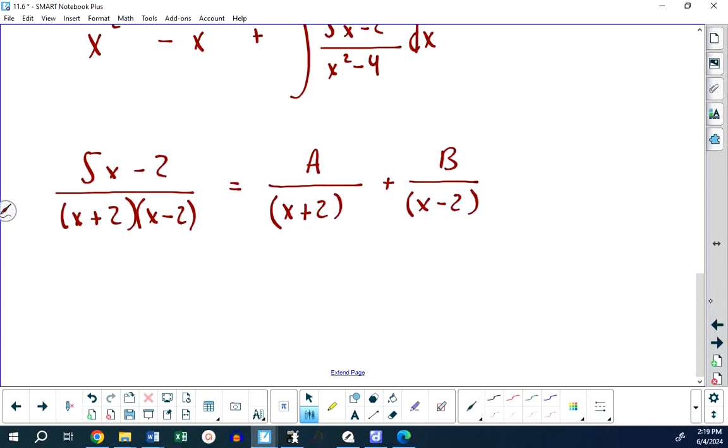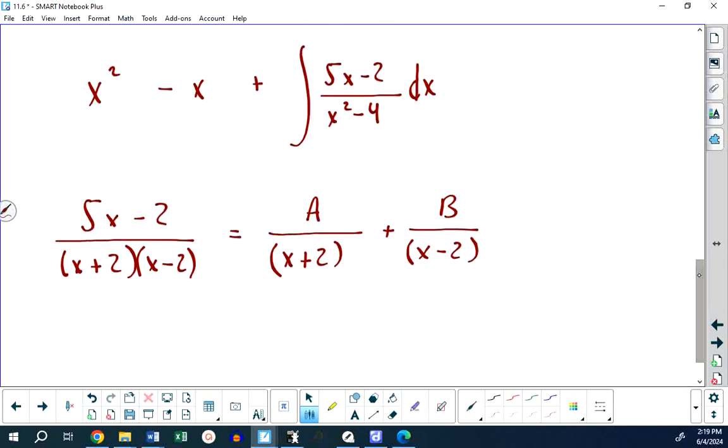If that x squared minus 4 were non-factorable, there's nothing you can do. At this point in time, a single non-factorable quadratic is a dead end for you unless substitution happens to work. And sometimes it does.